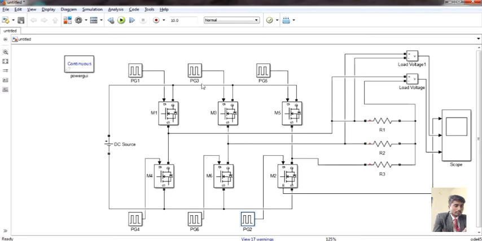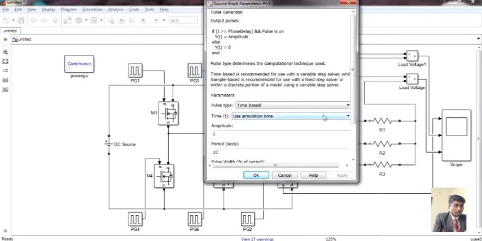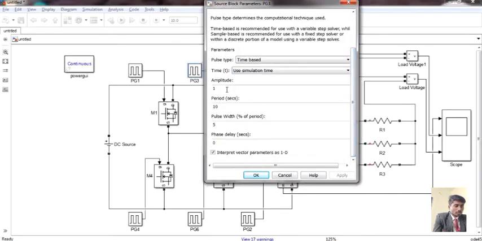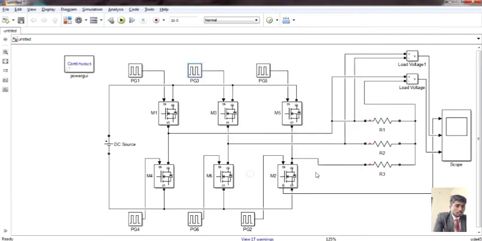The phase angle we will change to 240. And now we need to change the last pulse generator, 6. These are arranged in the order 1 2 3 4 to get the sinusoidal outputs. Here the phase delay is 300.